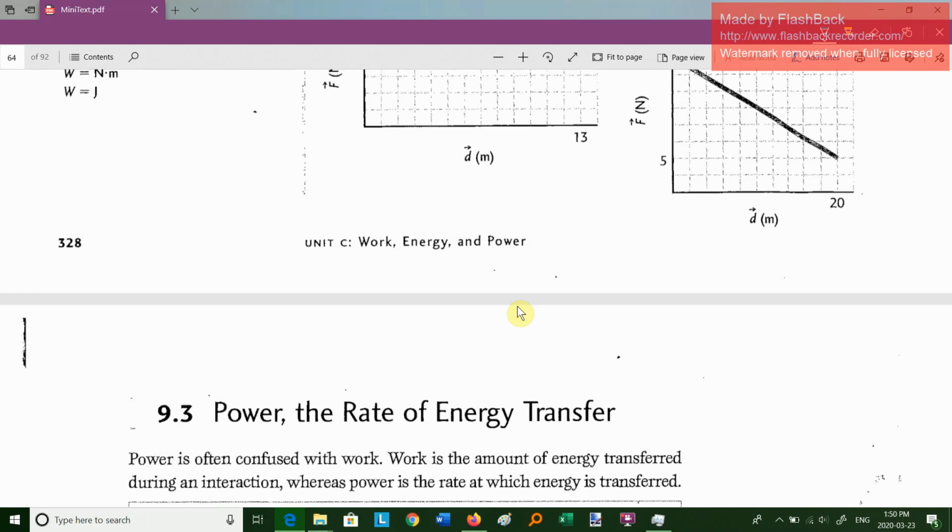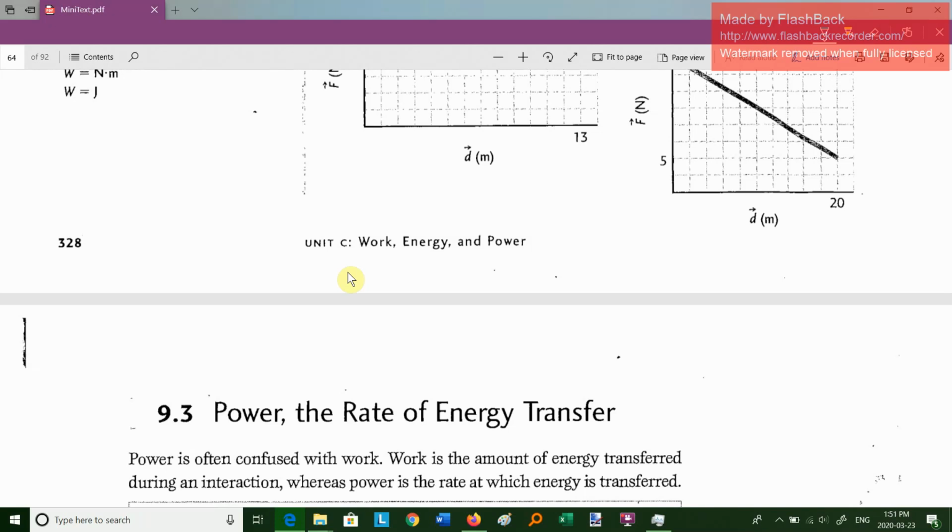On page 369, what questions shall we try here? These are end of chapter questions. Let's try 21. Page 369, number 21 and 24 about snowplows, and 28.